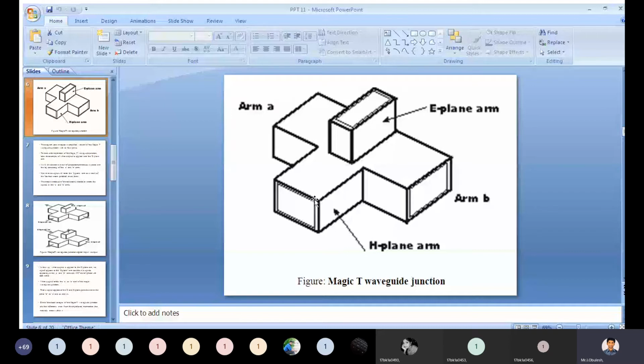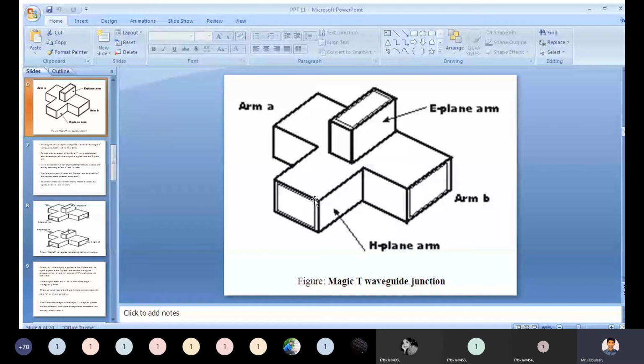You need to insert posts or screws inside the waveguide, and then only you will be able to remove the energy or power losses from the waveguide. You need to remember that topic.